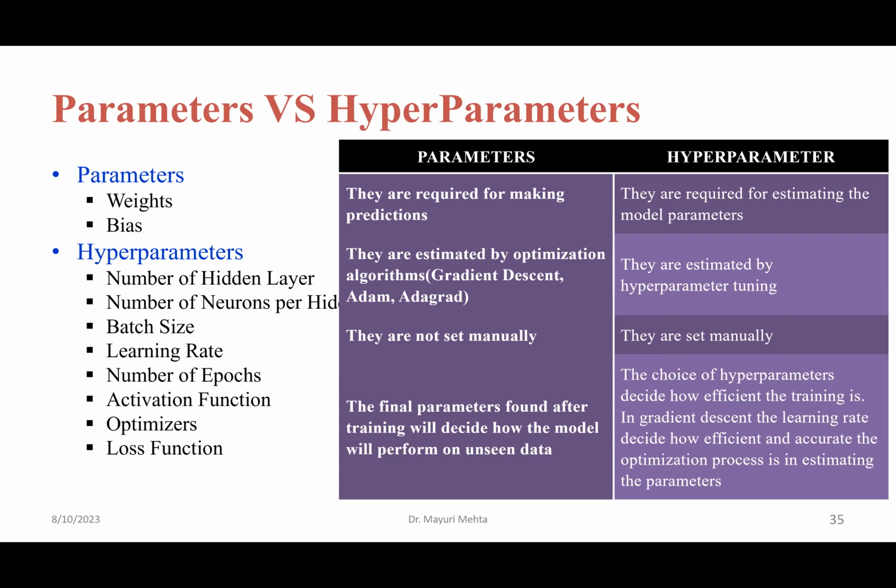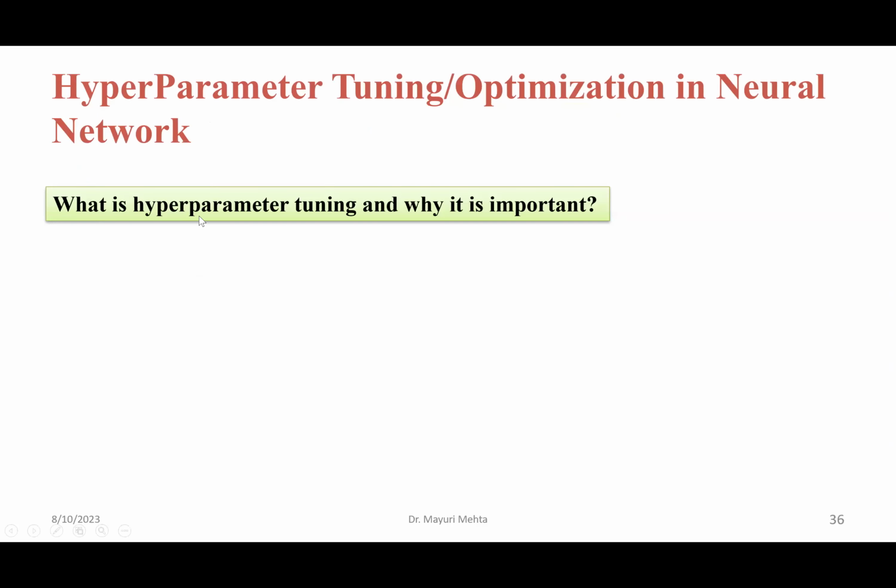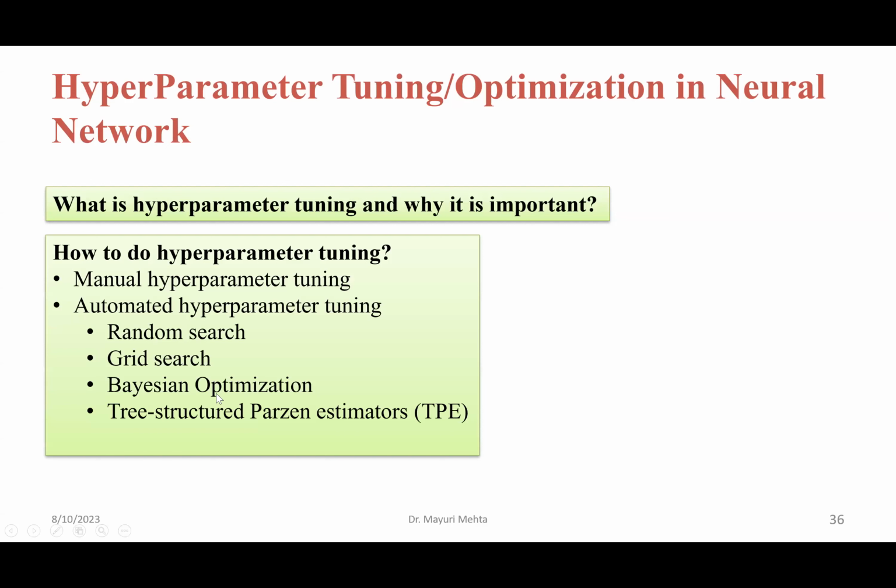Okay, so there are algorithms. Fine, so now let us talk about some of those algorithms. Which algorithms are available for automated hyperparameter tuning? Only two steps are there, right? First decide the set of hyperparameters, then set the limit, and then the algorithm will try all the combinations and give you optimal results. Fine.